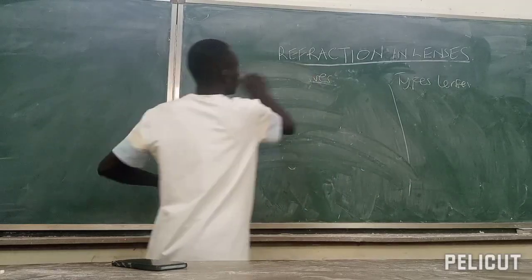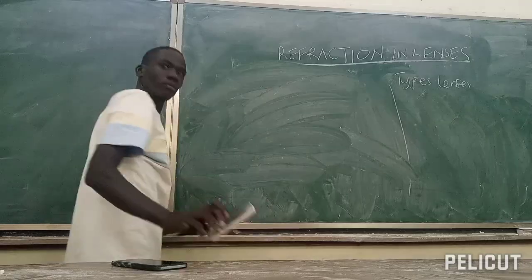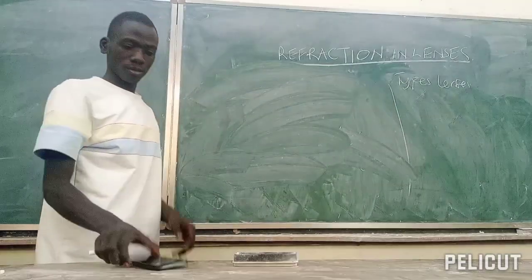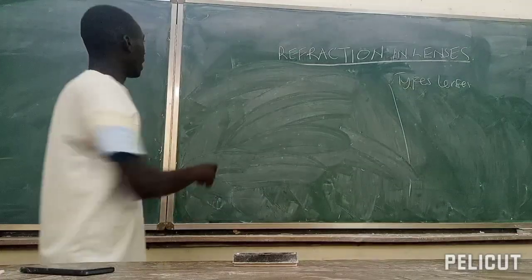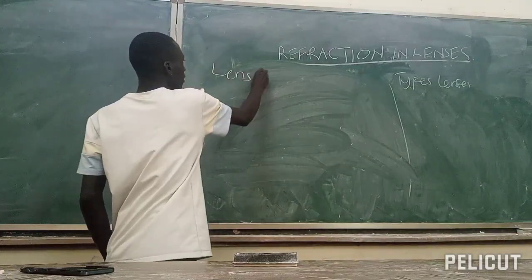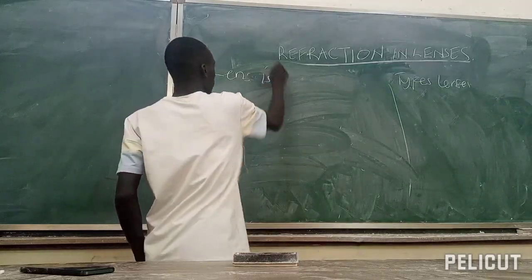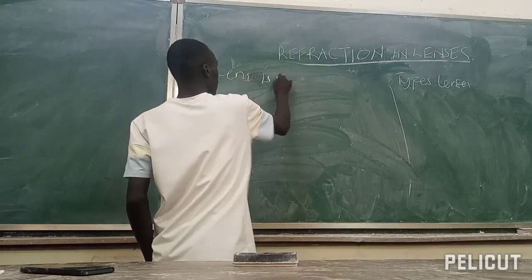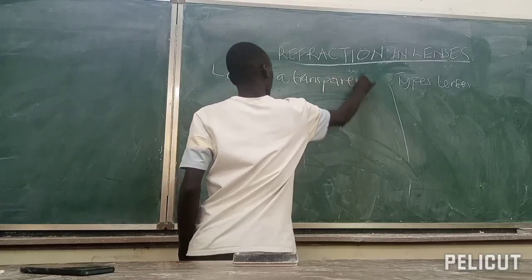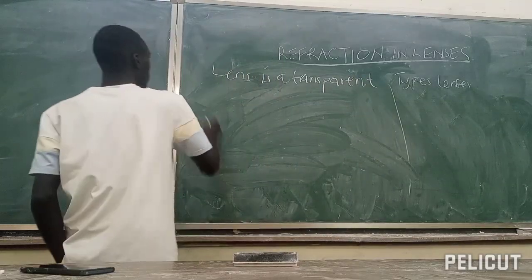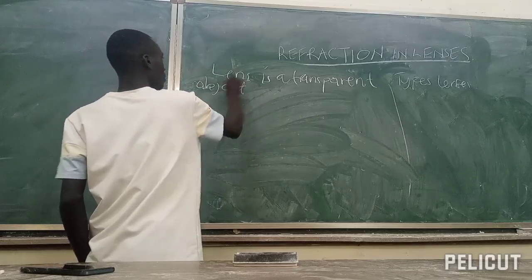So let us start from the definition of a lens. So what's a lens? A lens is something which is transparent. A transparent object or material.